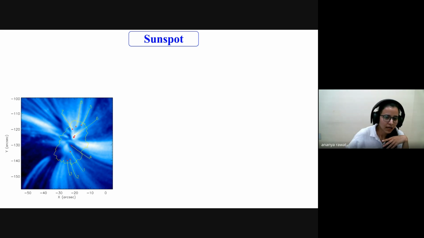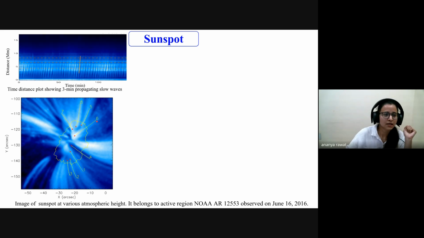Now, along this loop, we make a time distance plot. This is the time distance plot where again we see bright and dark ridges. Now we can determine the slope of one of the ridges and determine the speed.